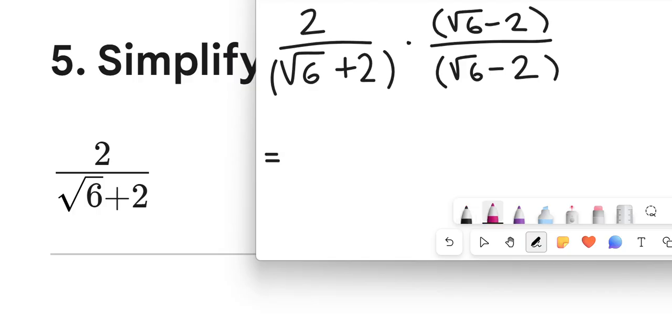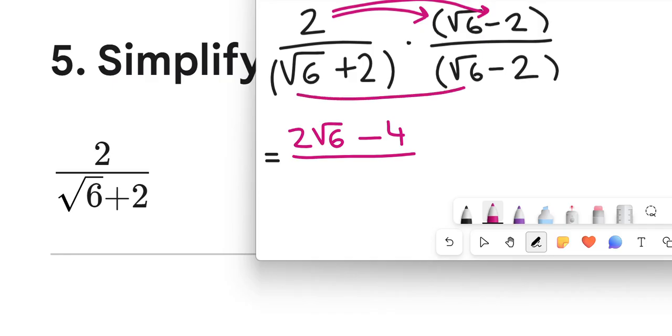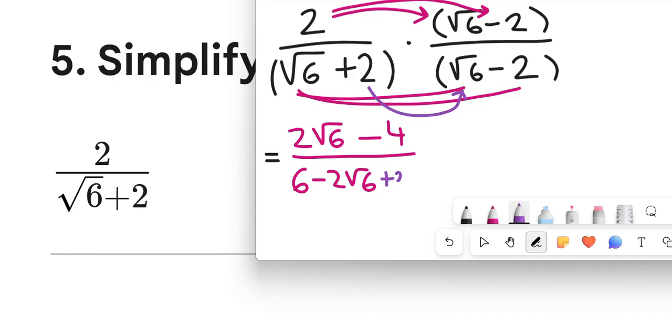Alright, so what do we get over here? 2 multiplied by radical 6, 2 radical 6. 2 multiplied by 2 will be 4 over radical 6 by radical 6 is 6. Radical 6 by minus 2 is minus 2 radical 6. Then we have 2 multiplied by radical 6 is plus 2 radical 6. And finally 2 multiplied by minus 2 is minus 4.